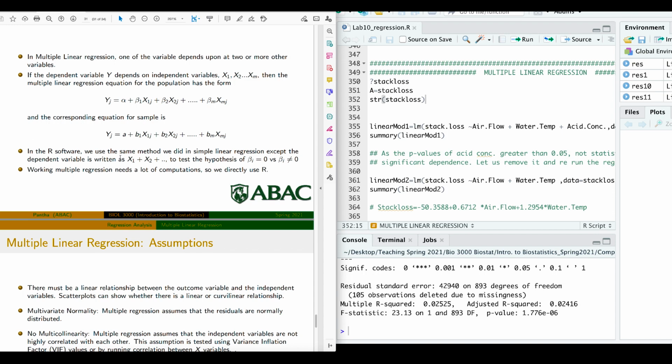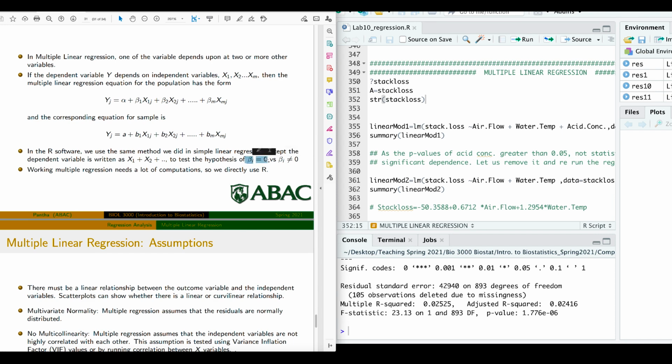In the R software, we use the same method we did in simple linear regression, except the model is written as x1 plus x2 and so on. And if we have to include an interaction, then we write x1 colon x2. You have the concept of interaction from ANOVA. And to test the hypothesis, the null hypothesis is again beta i equals 0.